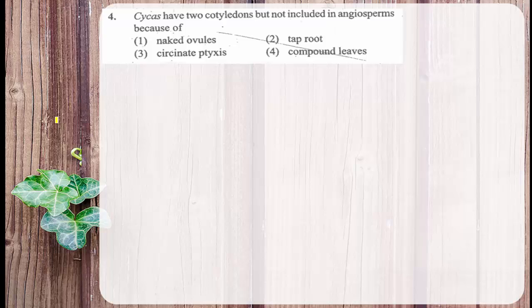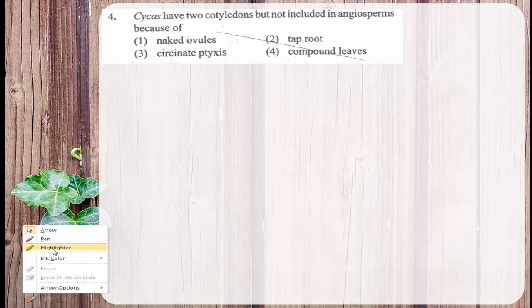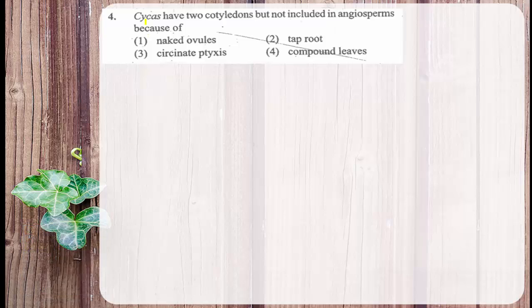Cycads belong to the group of gymnosperms. What is the question given here? In Cycads, two cotyledons are present. Presence of two cotyledons is actually the character of angiosperms, and specifically the character of dicots. The Cycads contain two cotyledons, but are not included in the angiosperms.